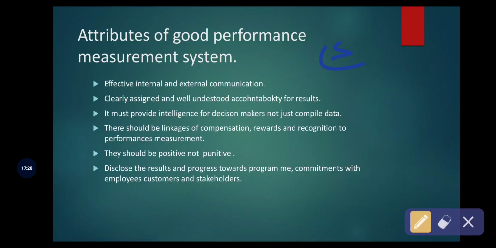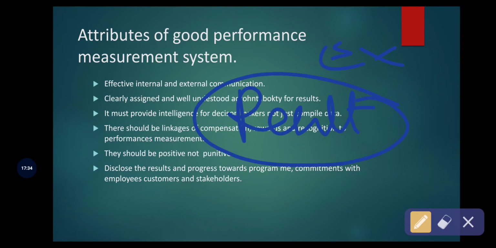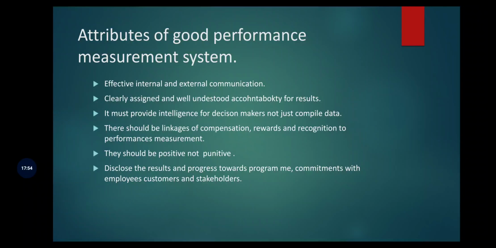For that, results will come. For what purpose are these results coming? To disclose your performance. Here also the employees' performance must be disclosed to them, and the related information of the stakeholders and the customers is also disclosed to them. So these are the good attributes of a good performance system.